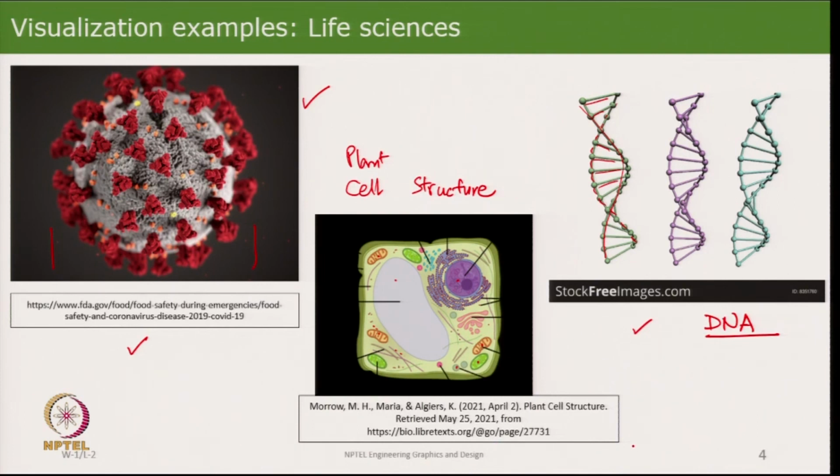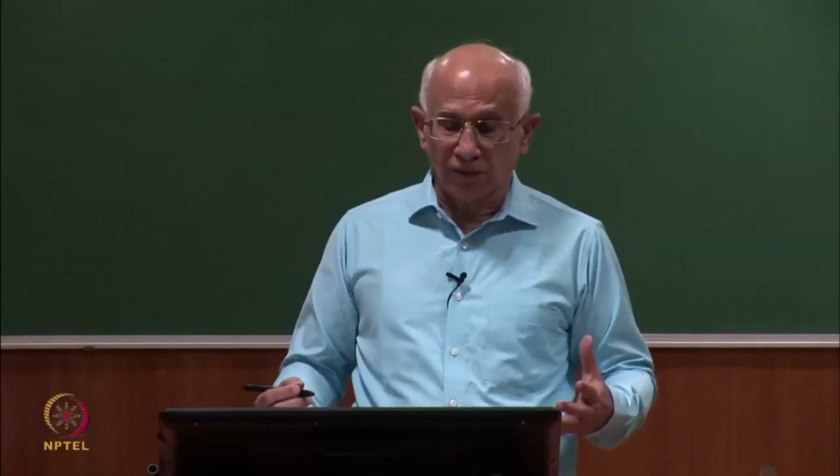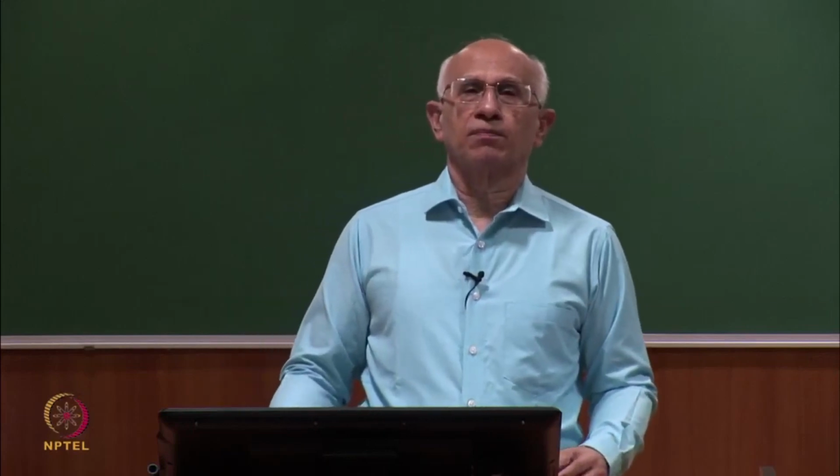So, these are examples of visualization in biology, cell biology and virology, and they tell you that it is a picture that makes you think a lot and gives you a lot of information, and that is where visualization comes in.